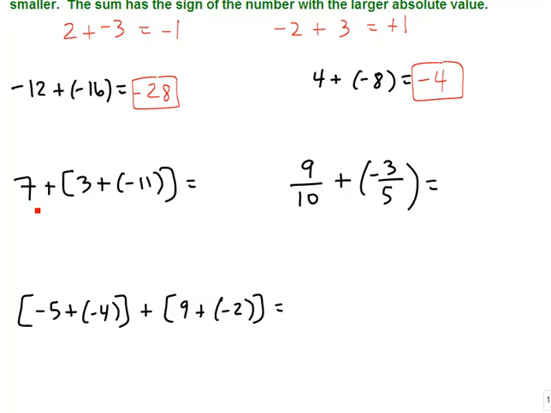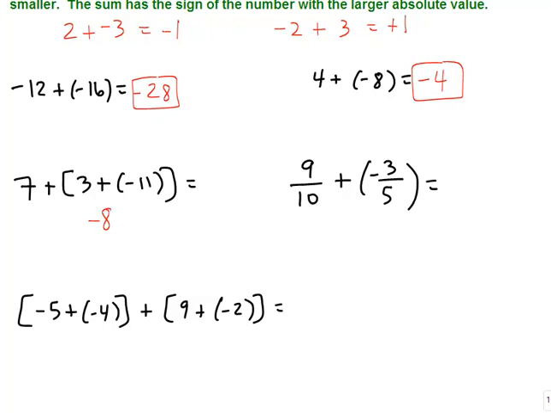In the next example, we have a little bit of order of operations or grouping going on. Order of operations says to do what's in the parentheses first. So I'm going to do these brackets first. 3 plus negative 11. Positive 3 plus a negative 11. There are opposite signs, so we want to be subtracting. 11 take away 3 is 8, and since the 11 is larger and it's negative, the answer is going to be negative 8.